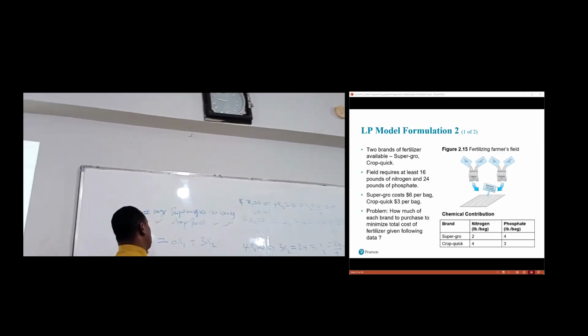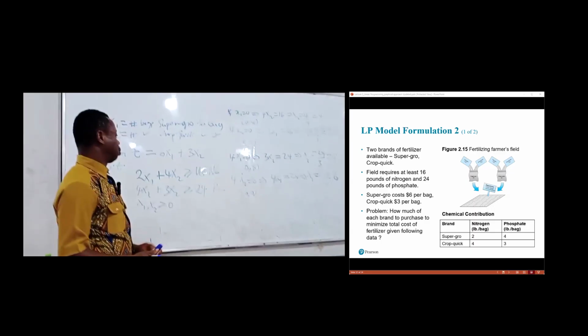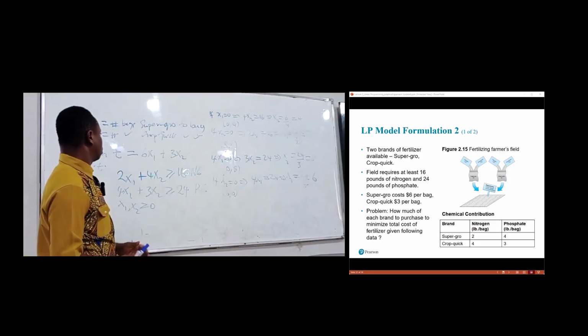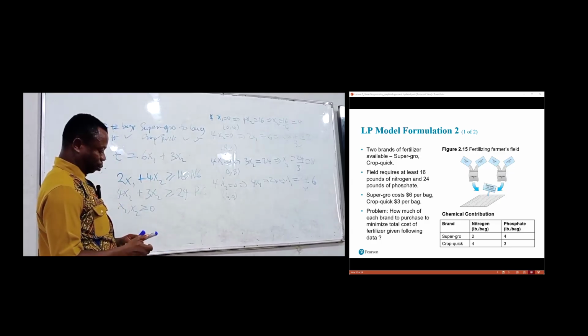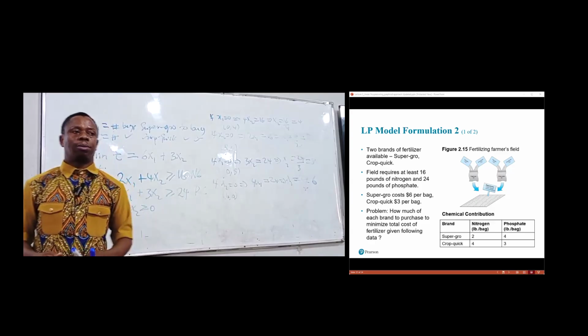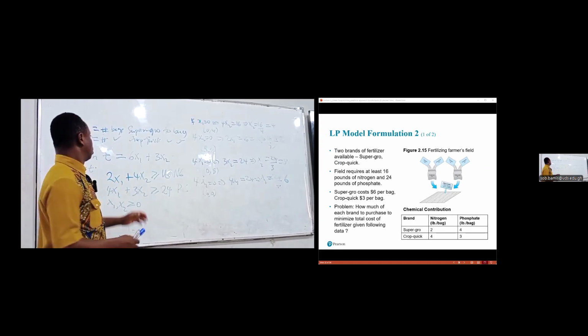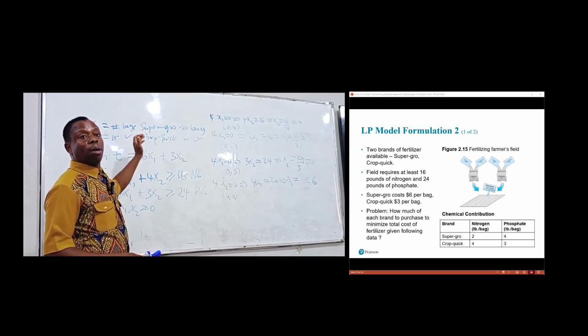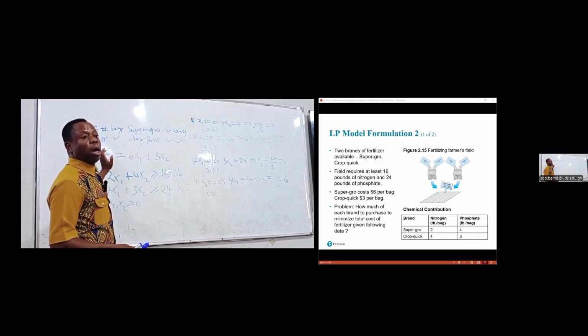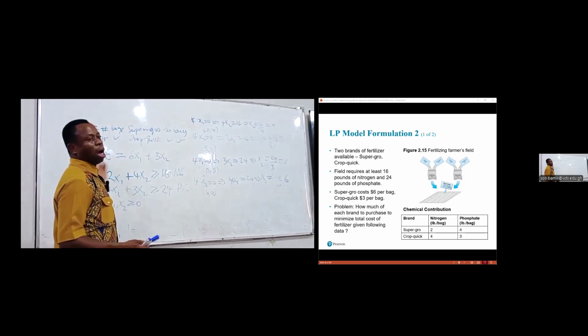Let's go to the objective function. We want to minimize cost. Now we don't know Z. Remember, in the course of the maximization, we said we can assume any number. So here we can assume any number.